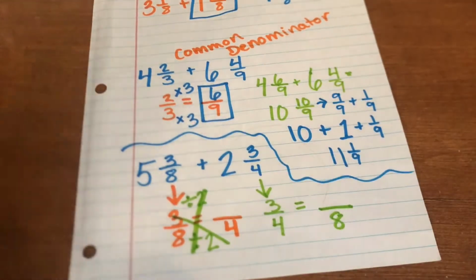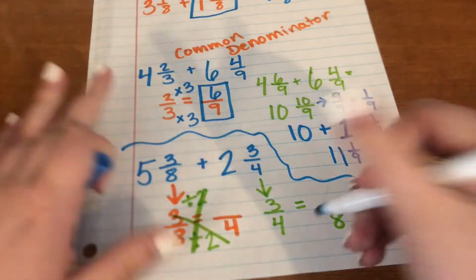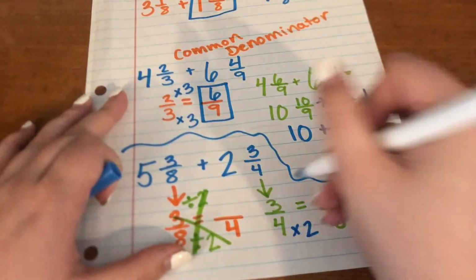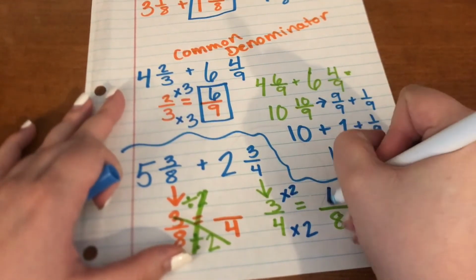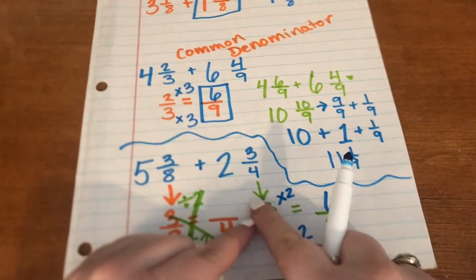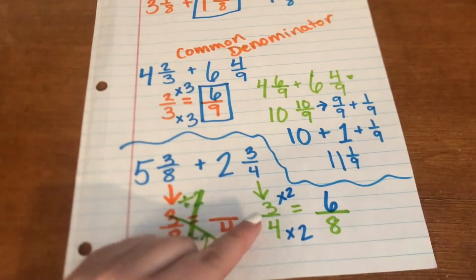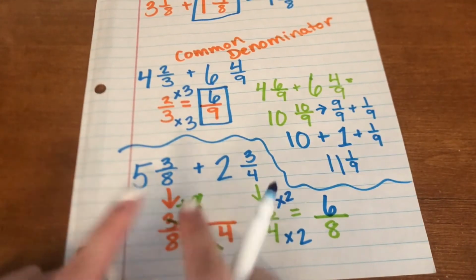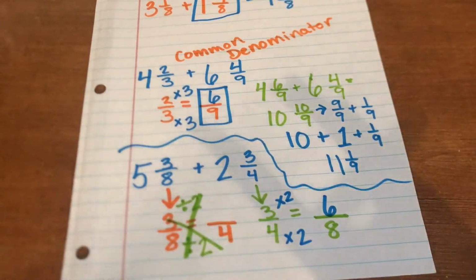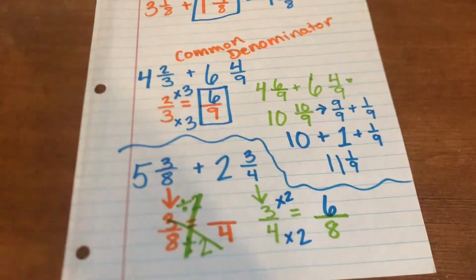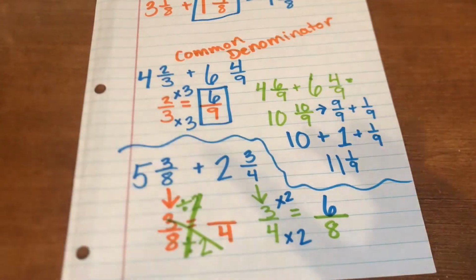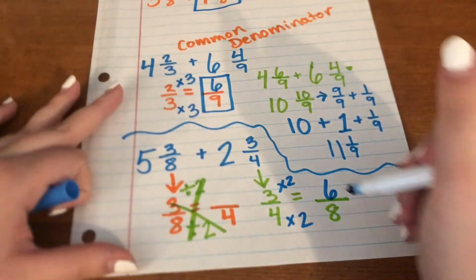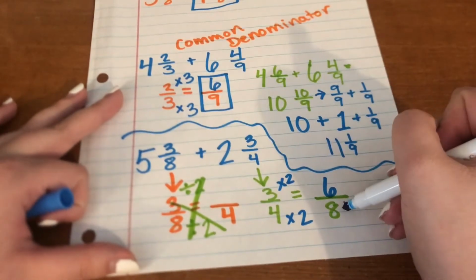So 4 times 2 equals 8, 3 times 2 equals 6. Notice how we can always multiply a number, but we can't always divide it evenly without having remainders left over. We don't want any more remainders today. We want it to be even so that we can evenly add this. So now I've just changed 3/4 to 6/8.